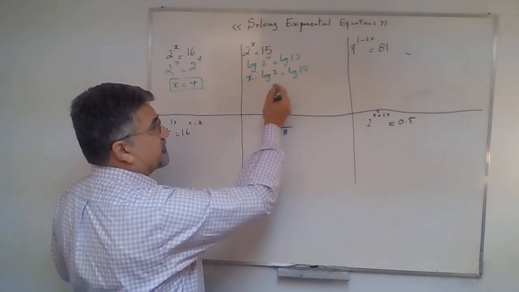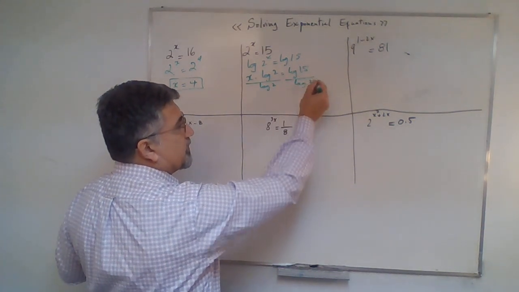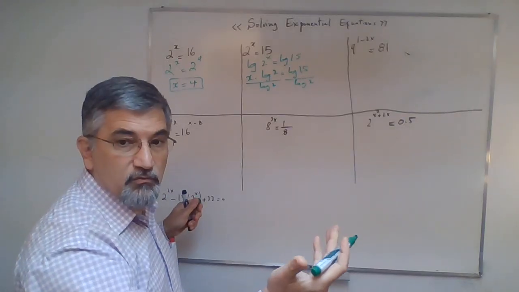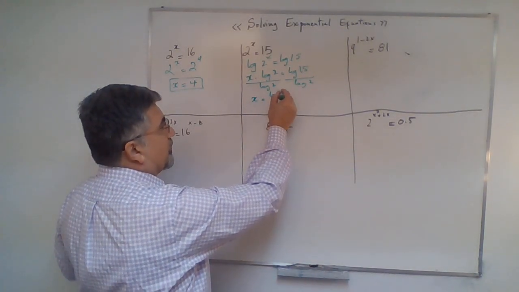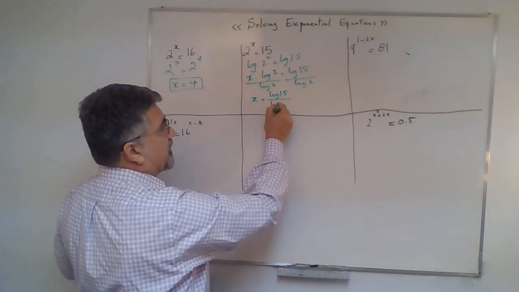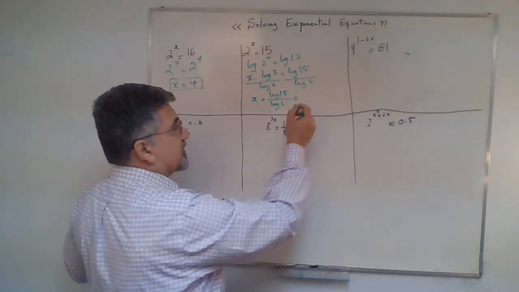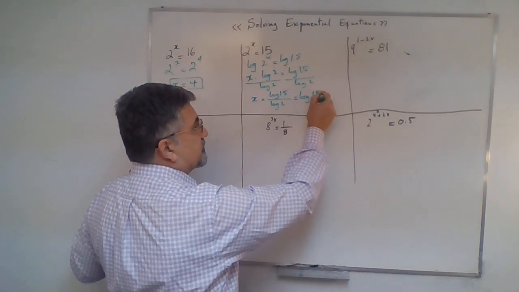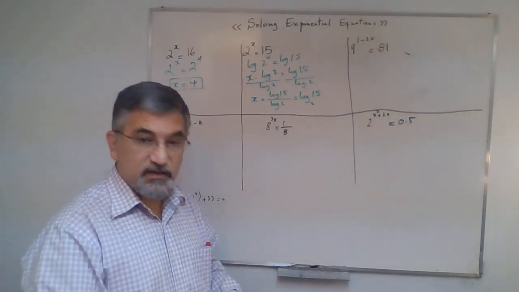So now, if you divide both sides by log of 2, which is a non-zero real number, then you end up with x equals log of 15 divided by log of 2. Now, using the change of base formula, you can say this is actually log of 15 to the base 2, and that's the final answer in exact value.